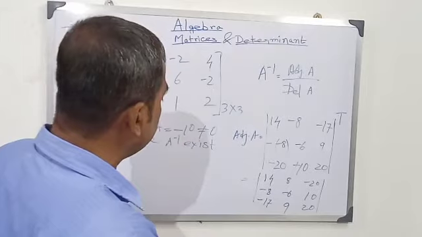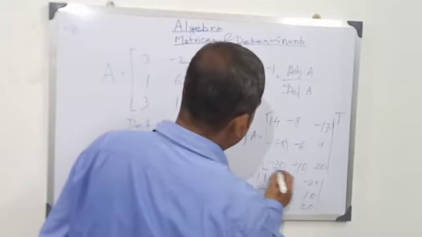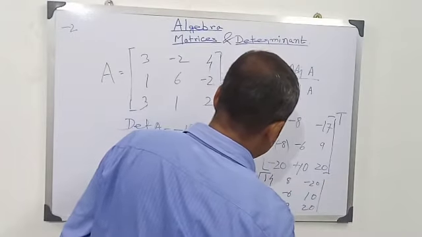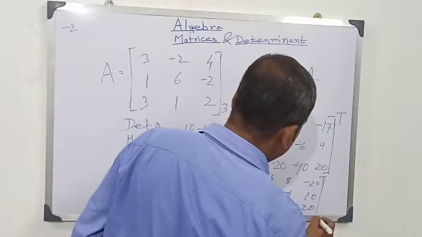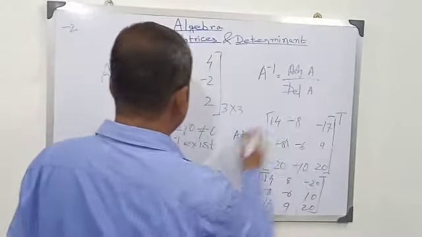Now this is the adjoint of matrix A. We have the determinant as minus 10.